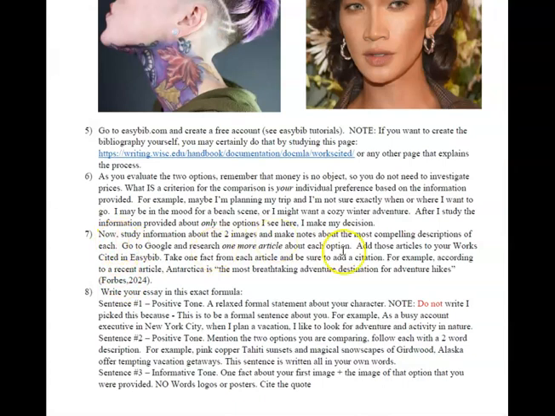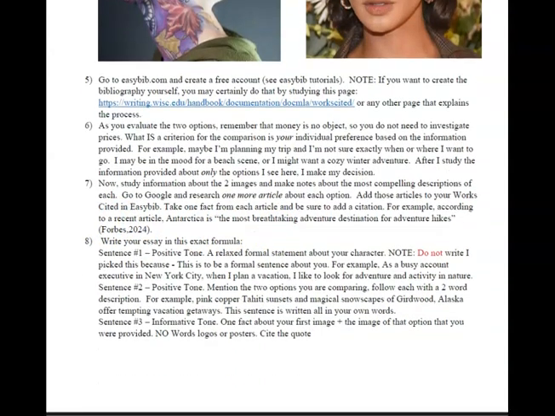Studied the information about the two images, made notes, and remembered to note the citations to show where the information is located. There's a little example there. Next, I'm ready to write the essay. And I've written this in sentences. Sentence number 1, a relaxed formal statement about your character.